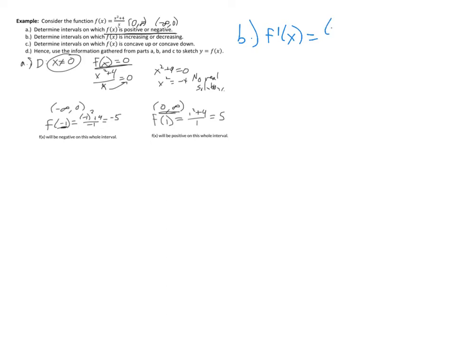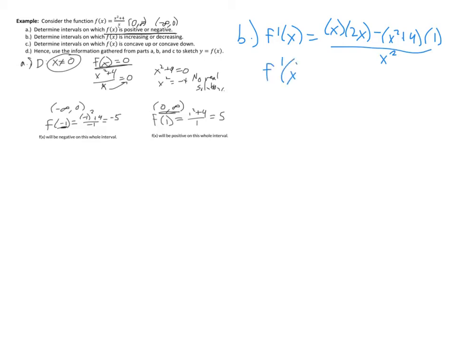So low d high, x times 2x, low d high, minus high, x squared plus 4, d low 1, square the bottom, x squared.